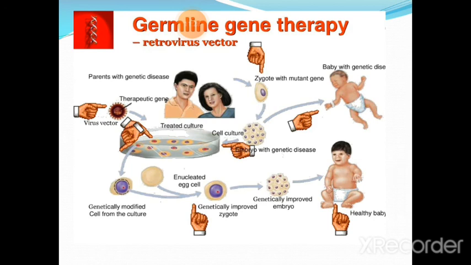The embryo developing out of this zygote will be normal, and the baby coming out of this genetically improved embryo is going to be a healthy baby without any genetic disease. This is what exactly is done in germline gene therapy, and please note, this is passed on from generation to generation. Okay, then.